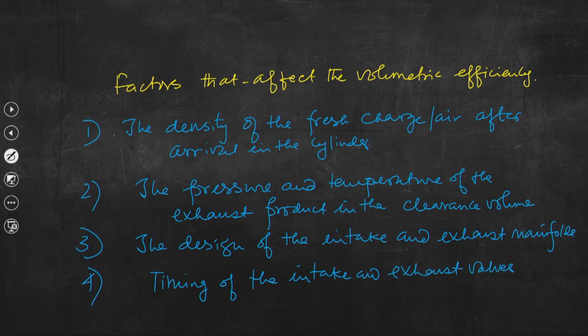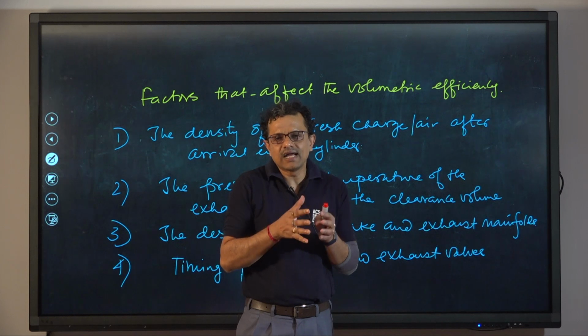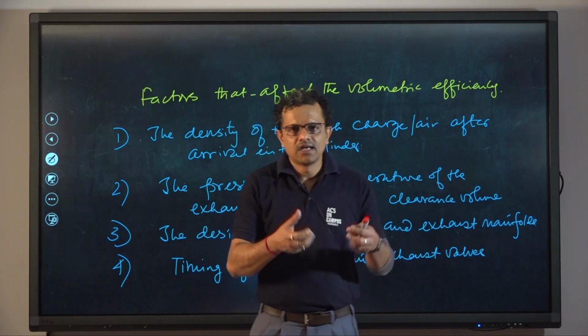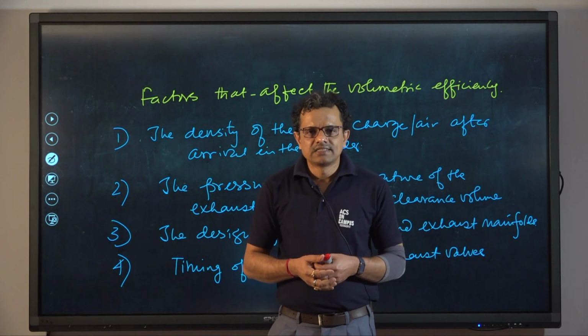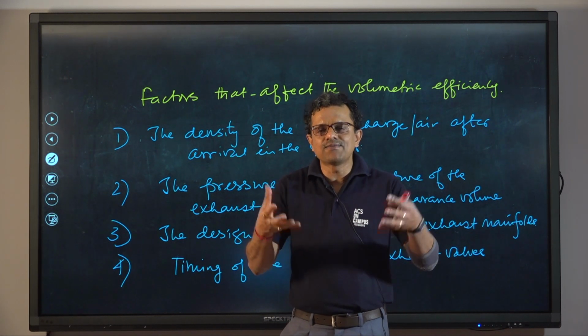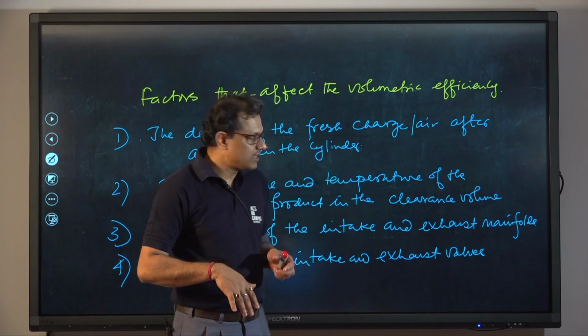So, let me tell you, the design of the intake and exhaust manifolds is very important. The intake manifold should be designed so that it will not create huge resistance to the flow of air which is going to come in. Second, the exhaust manifold design should be such that it allows easy escape of combustion gases from the engine cylinder. So, those are the design criteria.